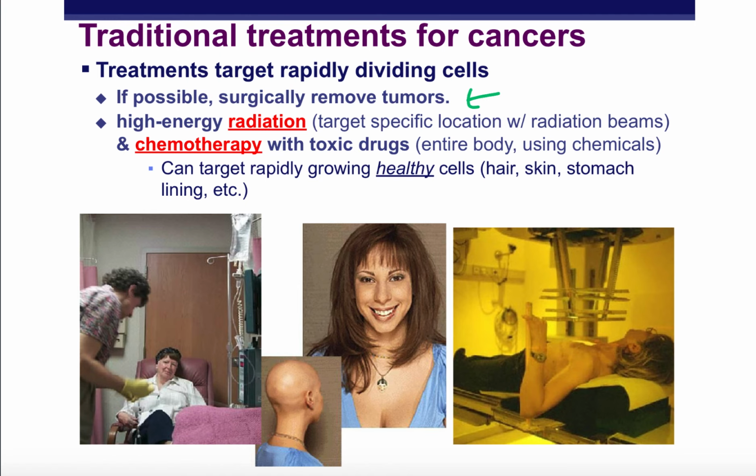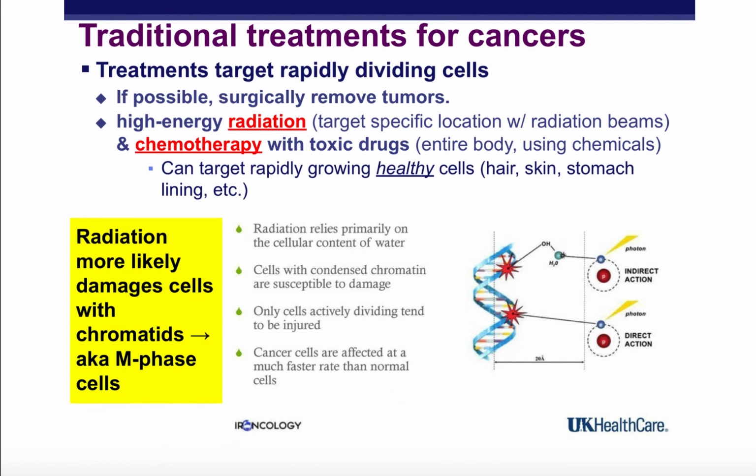In this case, radiation targets cells with radiation beams, and it turns out this radioactive process is more likely to damage cells with chromatids, with tightly dense wrapped DNA, which means they're in the M phase. So even though it's destroying cells, and some cells may be healthy, it's destroying more dividing cancer cells than normal cells surrounding it. Chemotherapy works similarly.